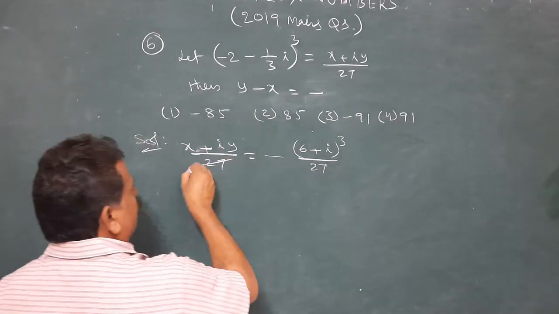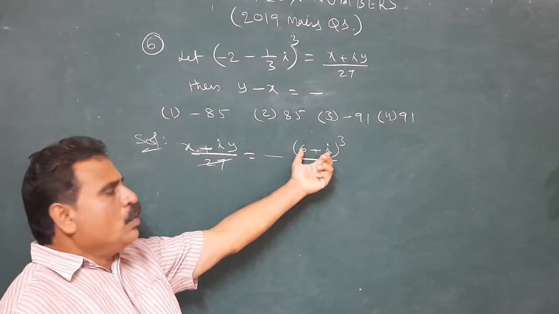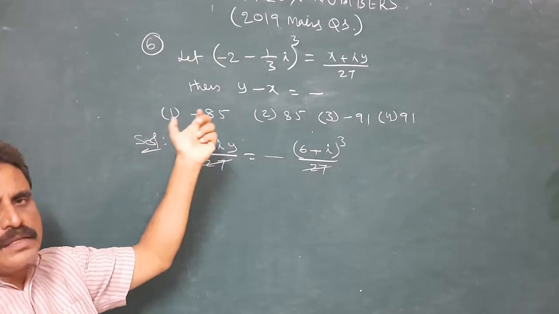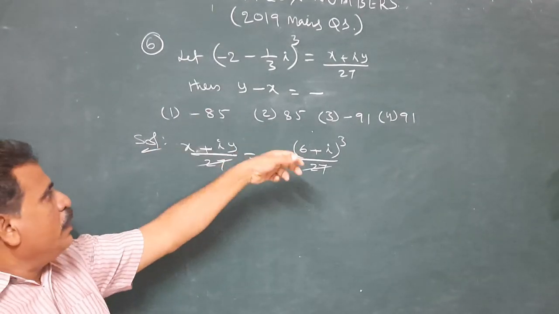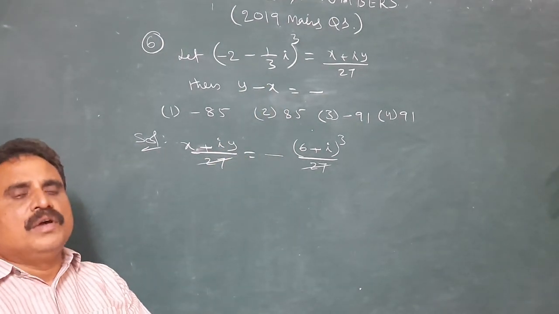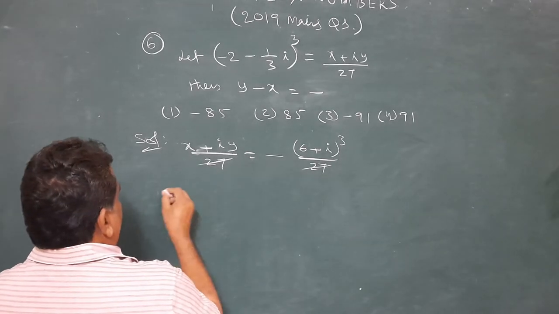Both sides 27 cancelled. Now by using the a plus b whole cube formula, expand this and take the real and imaginary parts x and y values. After that y minus x, we can easily get. Very simple problem.